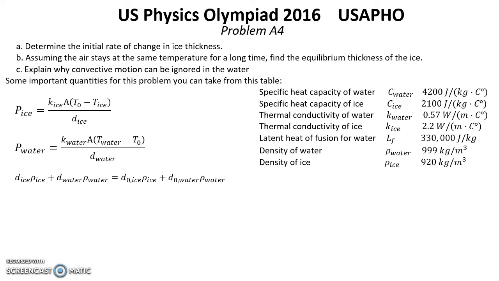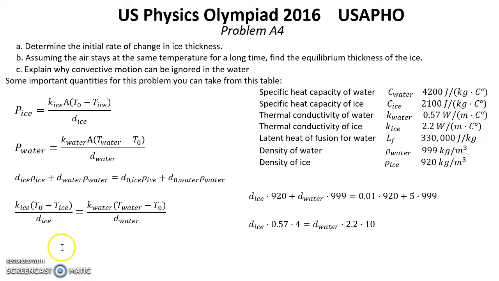Because total mass must be conserved, we have this expression: d ice multiplied by rho ice plus d water multiplied by rho water equals initial d ice multiplied by rho ice plus initial d water multiplied by rho water. So we have two equations and two unknowns, and we can find the thickness of ice and water. Now when we put in numbers, we have these two equations.